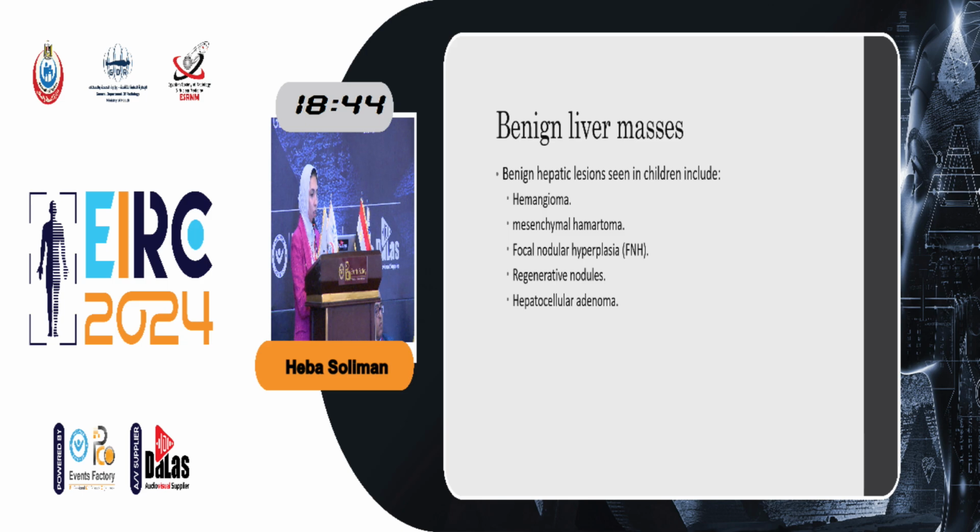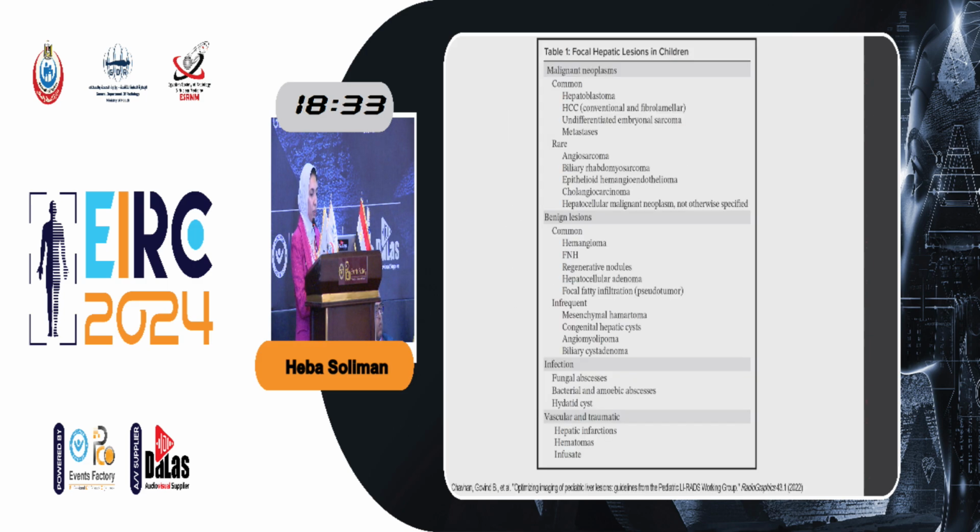Benign lesions that account for the remaining 1/3 of the liver lesions include hemangioma, mesenchymal hamartoma, FNH, regenerative nodules, and hepatocellular adenoma. This is the long list of the possible lesions in the pediatric liver, including malignant neoplasms.